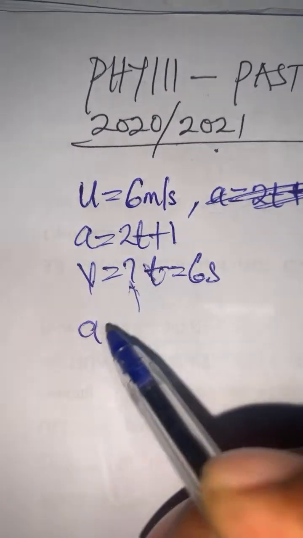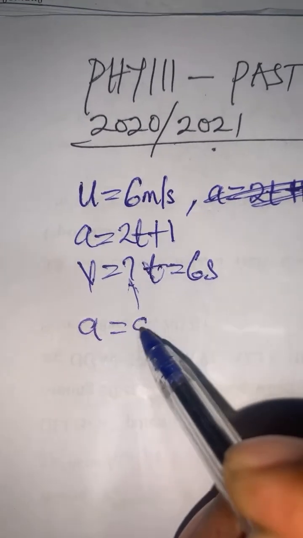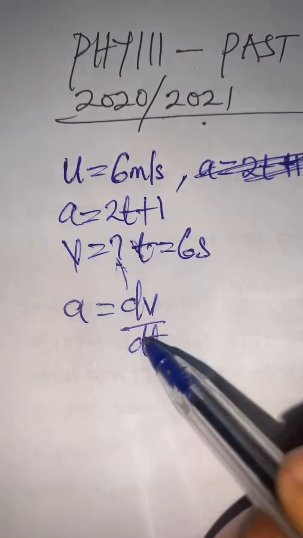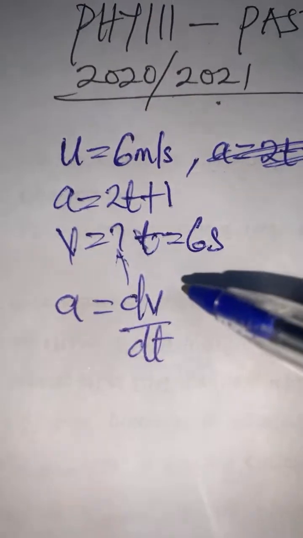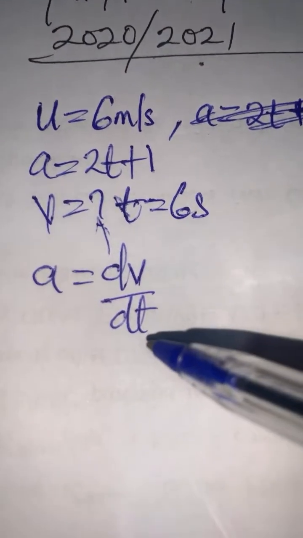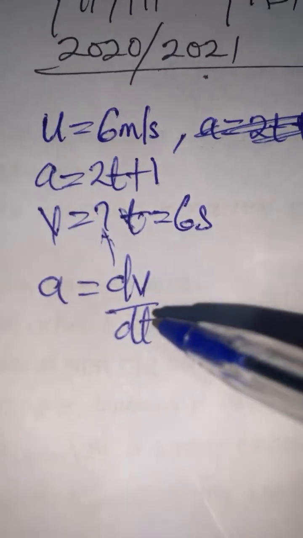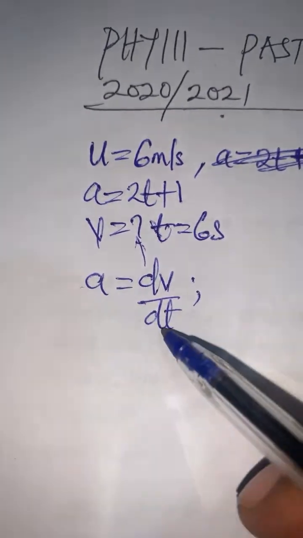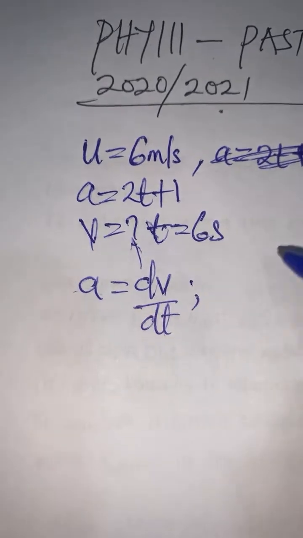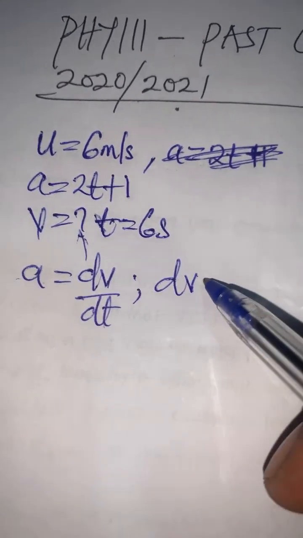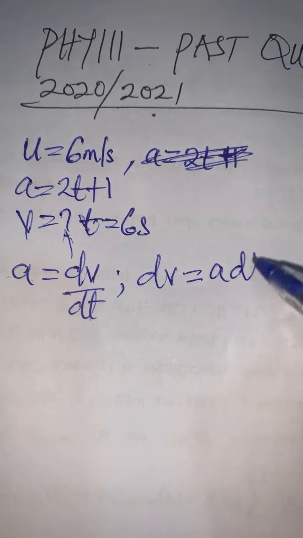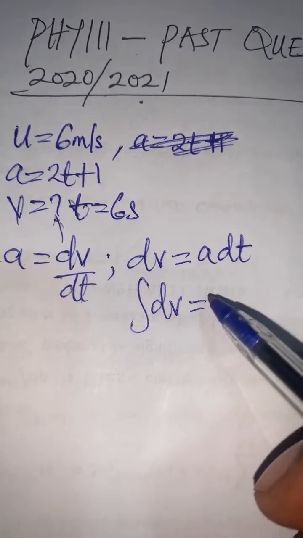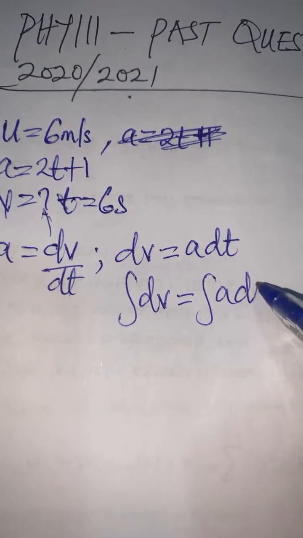We know that acceleration is the change in velocity with respect to time. When you see dv over dt, it's talking about the derivative of the velocity with respect to time. Is that clear? By the time you cross multiply this dt with a, you have that dv is equal to a dt. So apply the integral to both sides of the equation.